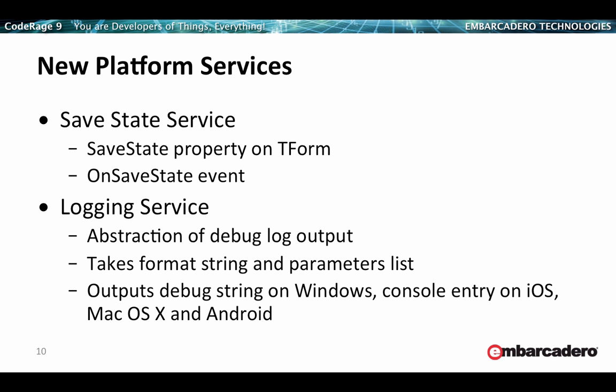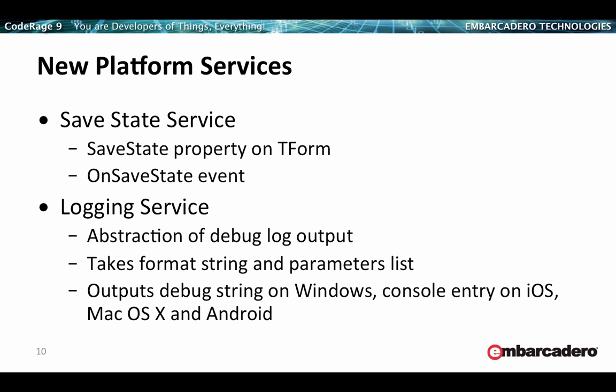Another platform service that we've introduced is called the IFMXLoggingService. And this provides a multi-platform abstraction of writing debug log output. It provides a method that takes a format string and a list of parameters. And on Windows, it shows it as an OutputDebugString, so you will see it in the debugger.